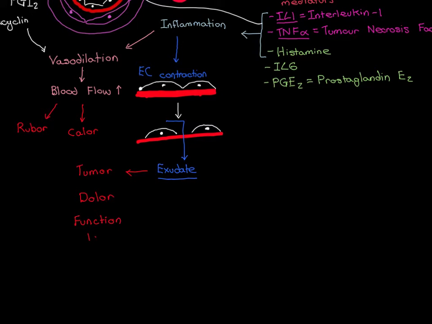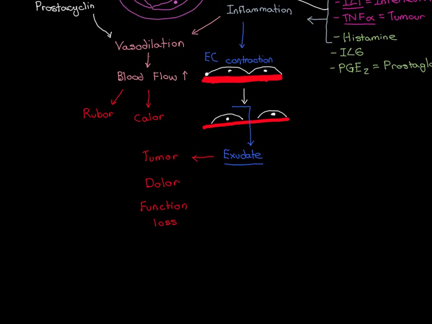So you lose the ability to actually use the area, the tissue that is undergoing the inflammatory response. As I say, these are referred to as the pillars of inflammation. They are just the characteristics of an inflamed tissue. So these are the 5 or 4 pillars of inflammation if you want to miss out this newer one, function loss.